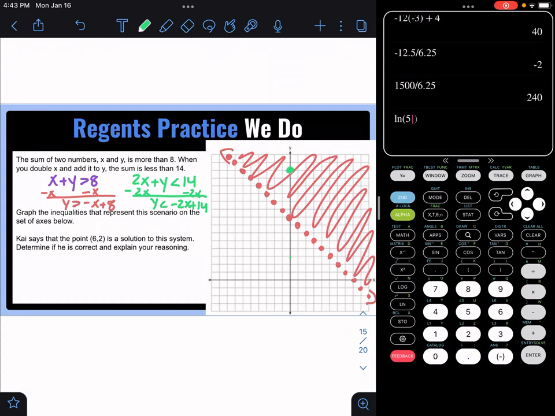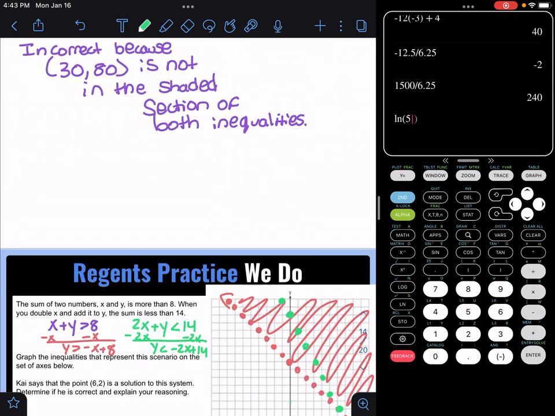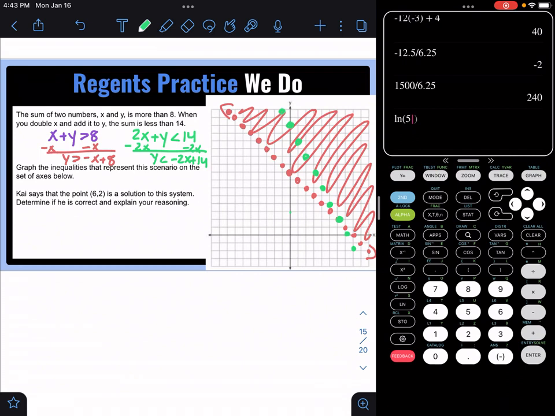All right. Go down 2 to the right 1, down 2 to the right 1. Perfect. And this again is going to be a dotted line, and we are going to shade below the line.